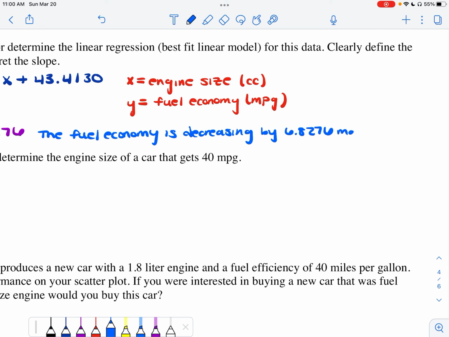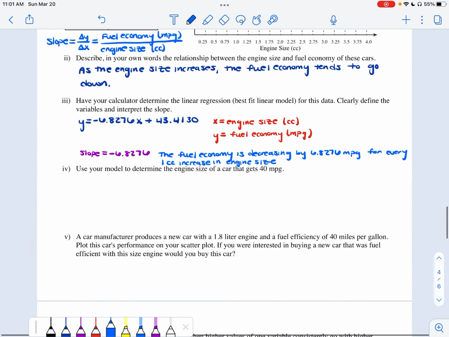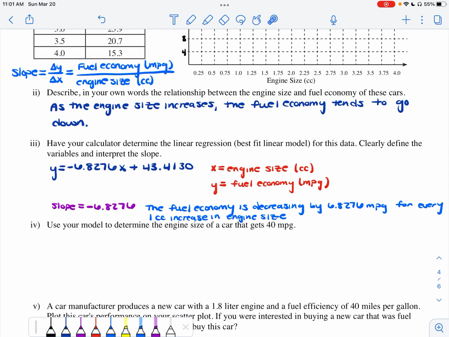This is MPG for every 1 cc increase in engine size. Which is basically the same thing that we set up here: as the engine size increases, the fuel economy tends to go down.